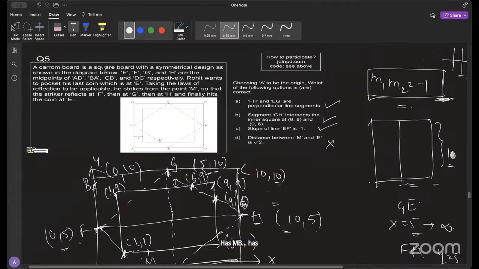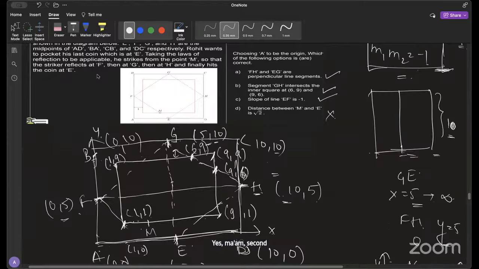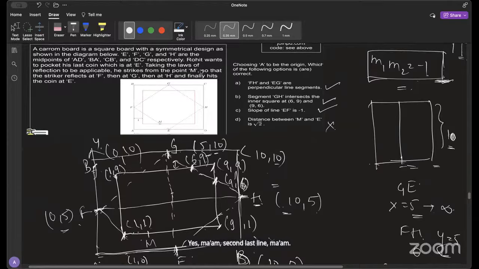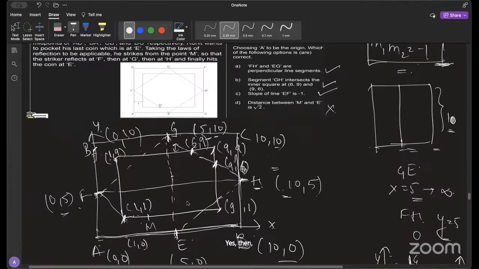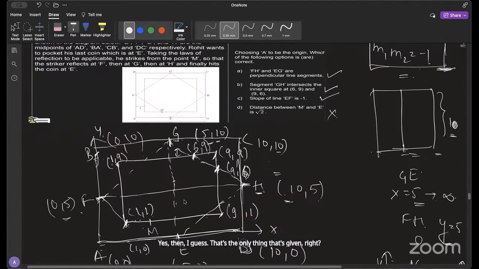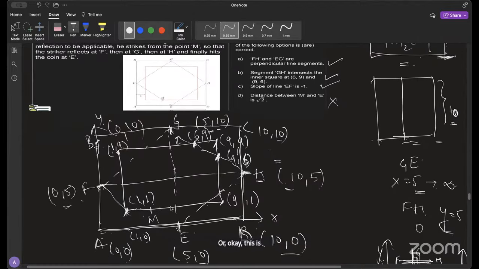Has anything about M being mentioned in the question? Yes, ma'am, in the second last line. Okay, it is on the same line as EF then, I guess. That's the only thing that's given, right? Or okay, this is on this line, right?